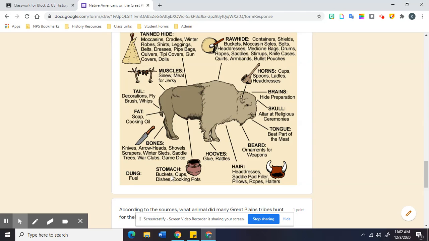They used the stomach for buckets, cups, dishes, cooking pots. They used the bones for knives, arrowheads, shovels, scrapers, winter sleds, saddle trees, war clubs, and game dice. They used the dung for fuel. They would burn it. They used the fat for soap and cooking oil, and the tail for decorations, fly brush, and whips. They used the muscles for sinew, meat, and meat for jerky.